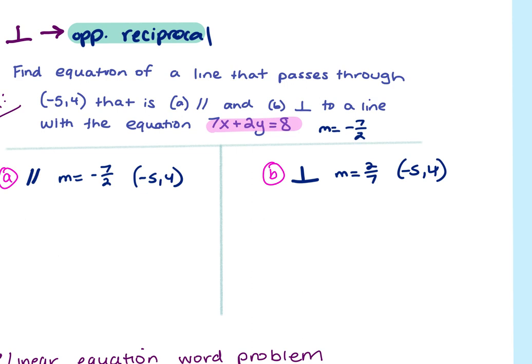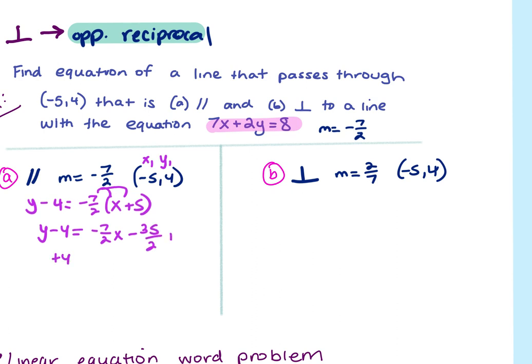So y, this is my x1, y1. Y minus y1 equals m times x minus a negative 5 becomes plus 5. Distribute: y minus 4 equals negative 7 halves x minus 35 halves. And then add the 4.